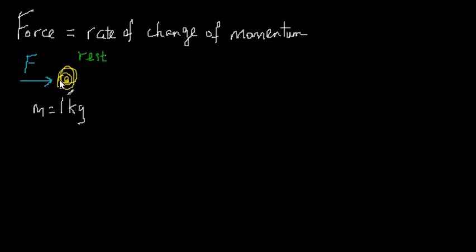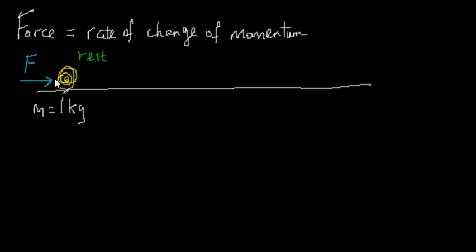Now this force pushes at the ball, and suppose that the ball is sitting on a very, very smooth table. So no friction, just the only force is what we are pushing it with. So at first it's at rest.